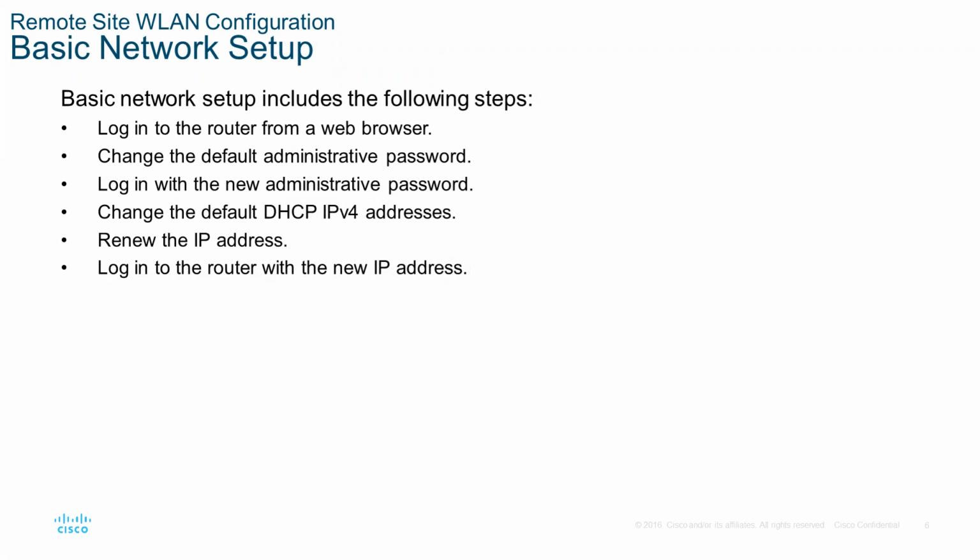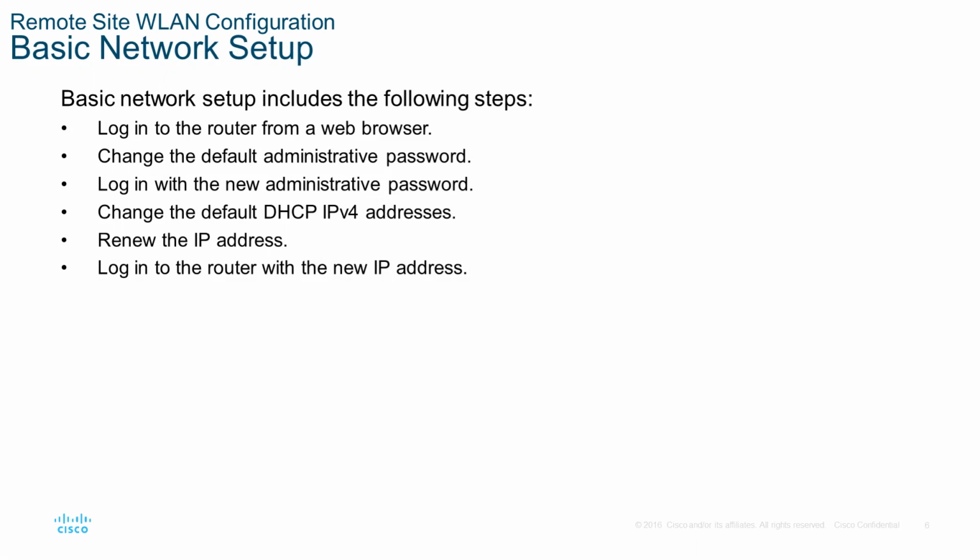So the steps: log into your router with your web browser, change the default admin password, log in with the new password so it confirms that the password has taken effect, change the default IP addresses used in the DHCP server, then renew any of the IP addresses required.